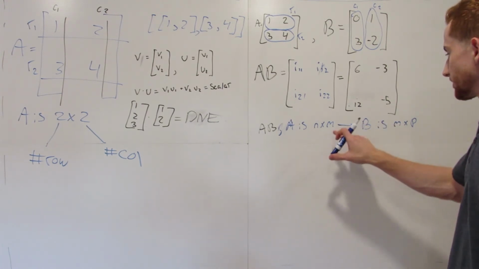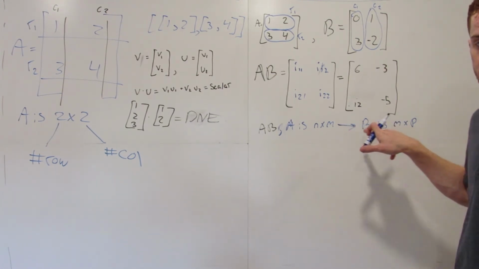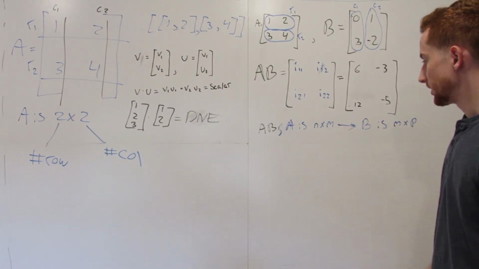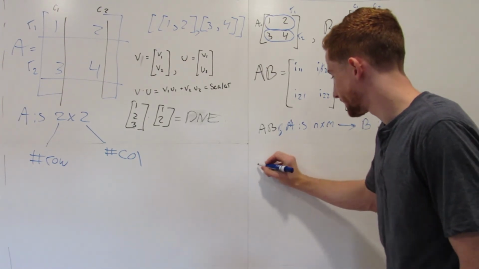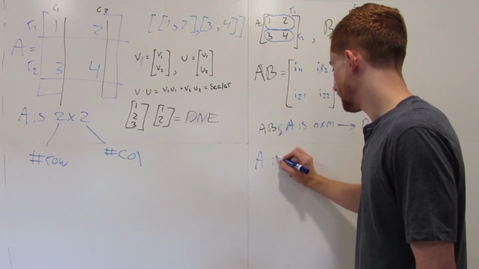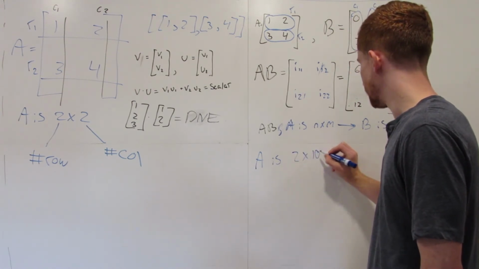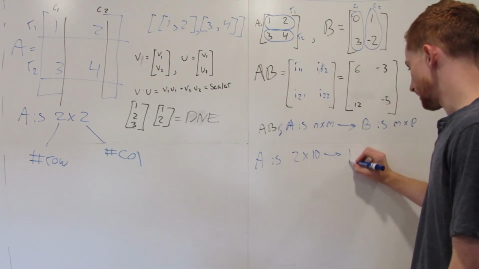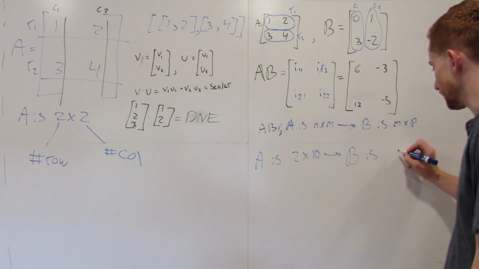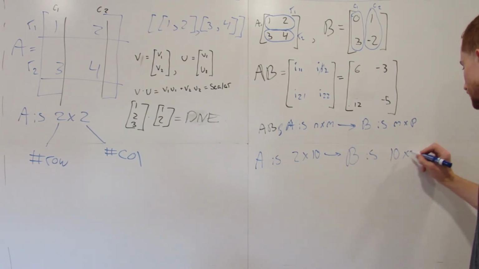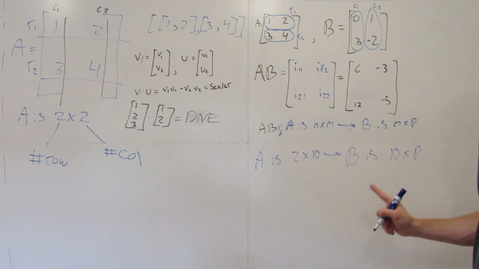They can be anything as long as these M's are equivalent. So that's crucial. A is 2 by 10 implies that B is 10 times P, where P can be anything.